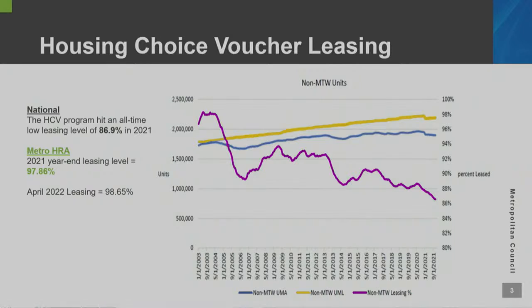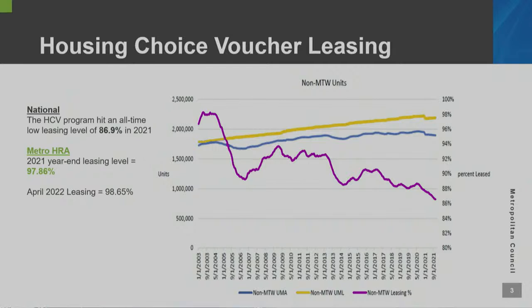Although there were some of the highest levels of reserves at the end of 2020, unused vouchers were also due to a variety of factors, including COVID impacts during that time. And housing authorities, I think, now should be able to increase their leasing because of the influx of CARES Act and COVID relief dollars distributed to housing authorities across the country.